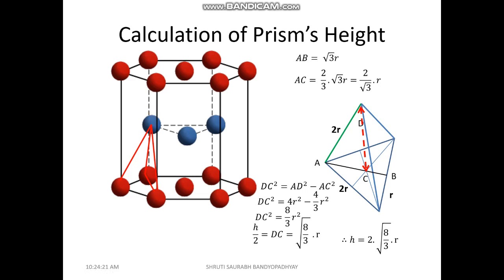This one is also a pyramidal structure here. Sorry, this and that, this is one pyramid, and this. So we can consider the hexagonal prism height as a summation of two pyramidal heights.